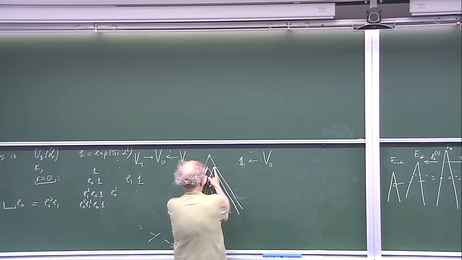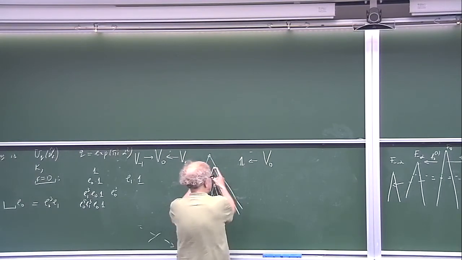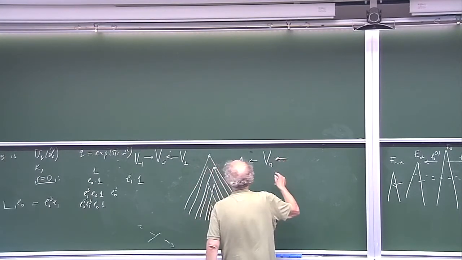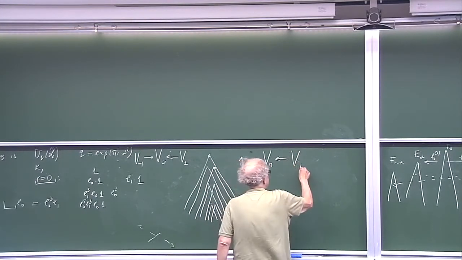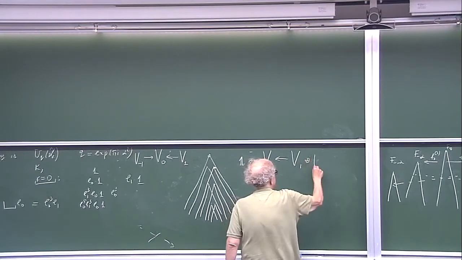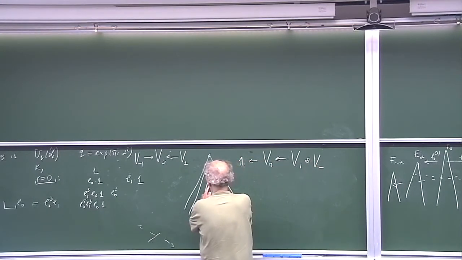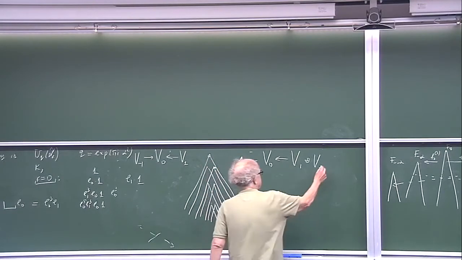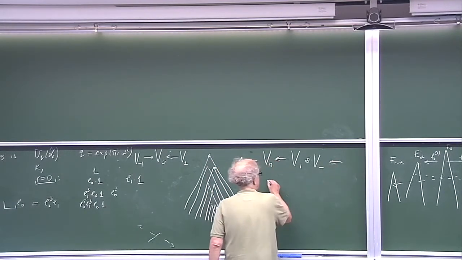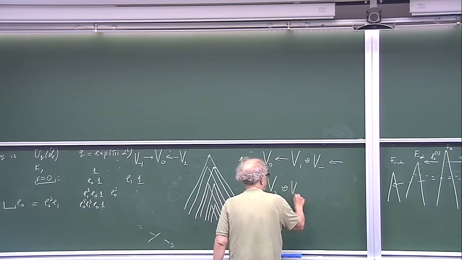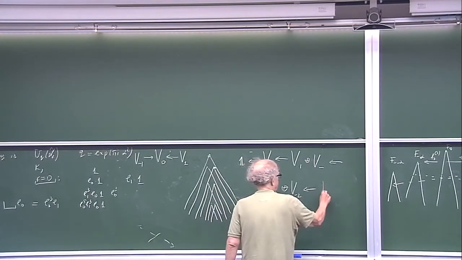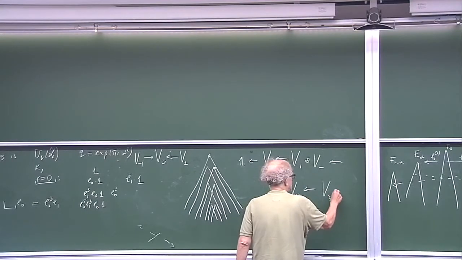Then we have two Fermat generated by these two vectors. Let us denote them by V1 plus V minus 1. And we have these two more. Then we have maps from V2 plus V minus 2. Then we have V3 plus V minus 3, and so on.